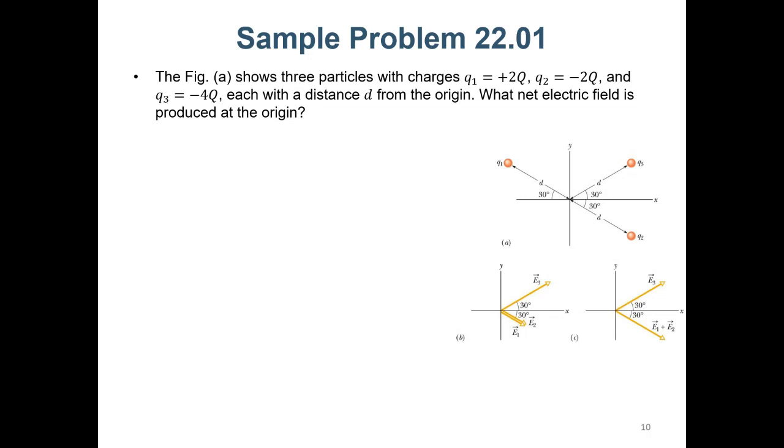Okay. For sample problem 1, three particles with Q1 plus 2Q, Q2 minus 2Q, Q3 minus 4Q, each with a distance D, D, D, D. So what is the net electric field produced at the origin here?